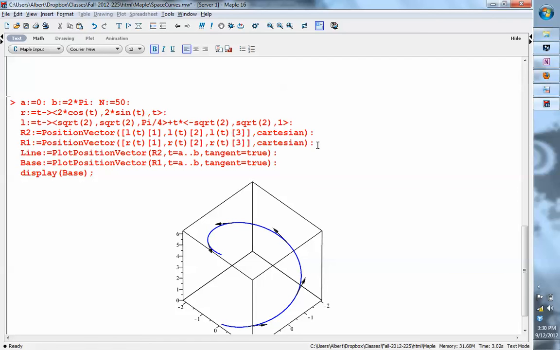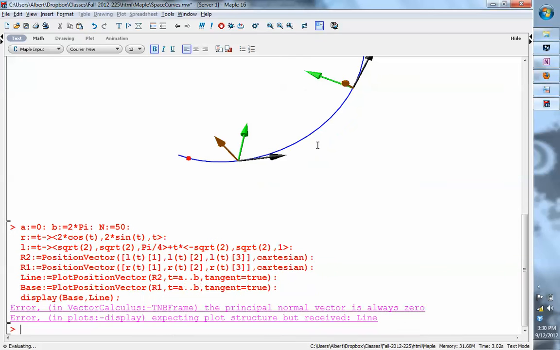Oh, let's just see what that does. Ooh, that was not helpful. Principal normal vector is always 0. I don't care. All right. I have a backup plan.